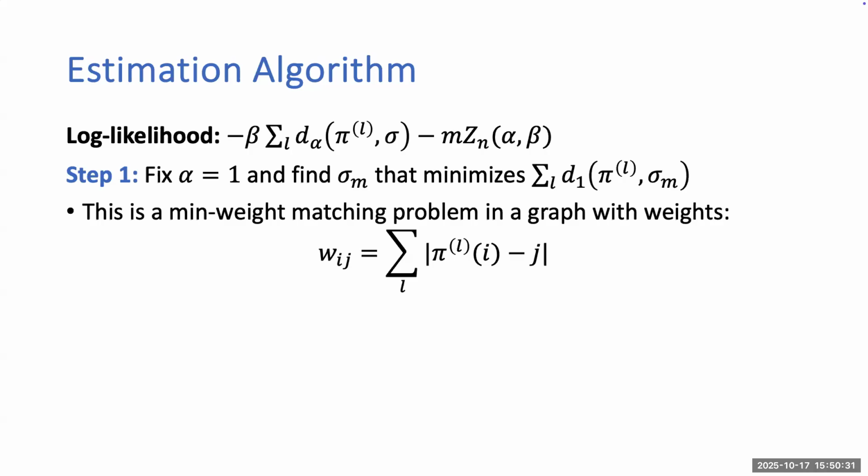Then the minimum weight matching gives you the corresponding permutation that minimizes the likelihood. So it's unique for sigma n? Good question. We're sure it's asymptotically unique. Yes, but maybe not in a finite version.